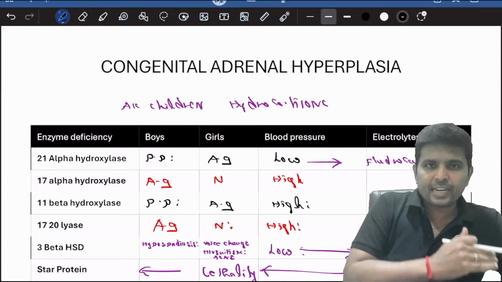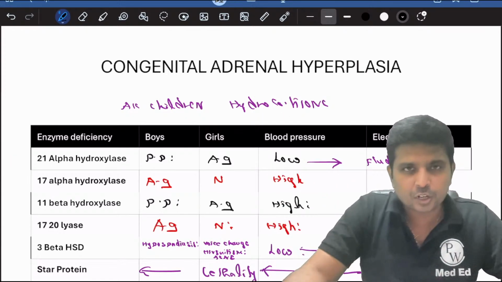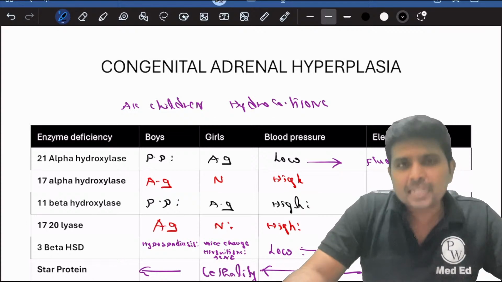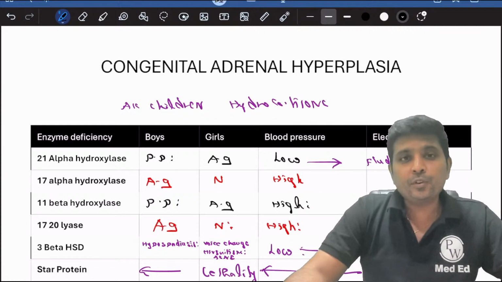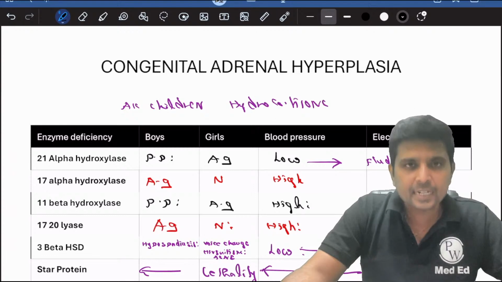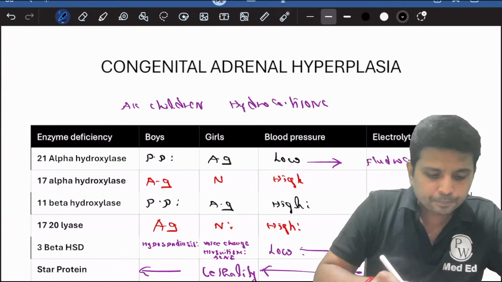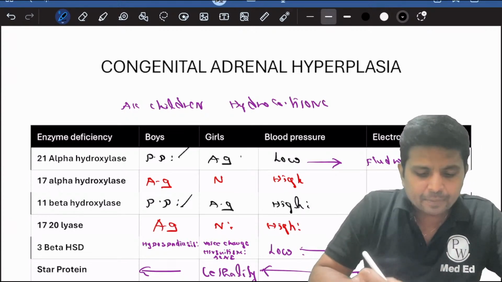As a result, excess 17 hydroxyprogesterone will be diverted to the production of testosterone. As a result, you will get precocious puberty in a boy and ambiguous genitalia in a girl. So 21 alpha hydroxylase and 11 beta hydroxylase deficiencies are characterized by precocious puberty in boys and atypical genitalia in girls.